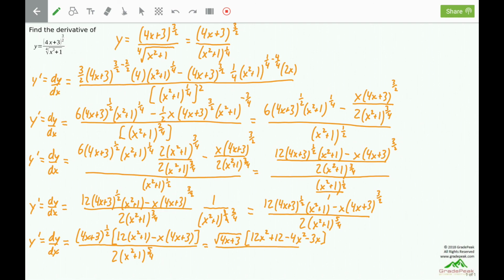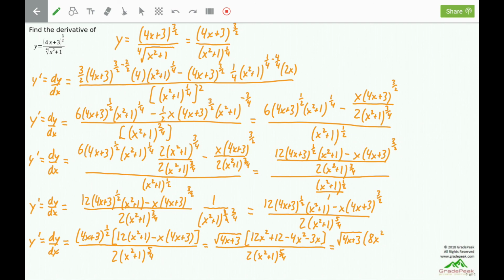And all of that divided by 2 times x squared plus 1 to the 5/4. The only thing left to do is combine the like terms together in the square brackets, if there are any like terms. And it looks like there is. So we're going to have the square root of 4x plus 3 times, we have a 12x squared and we have a minus 4x squared, so that'll be an 8x squared.